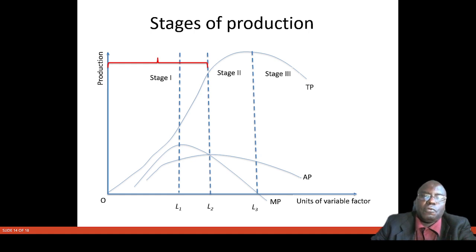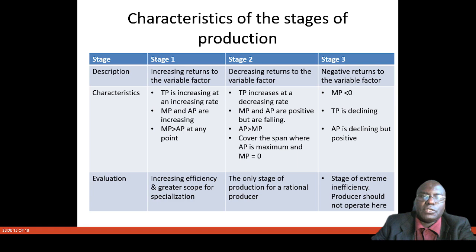So now, for each of these stages, we are going to look at whether we've got increasing returns or decreasing returns or constant returns, and the features of each of these stages. So the characteristics of the stages of production.